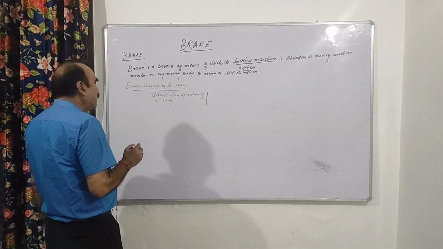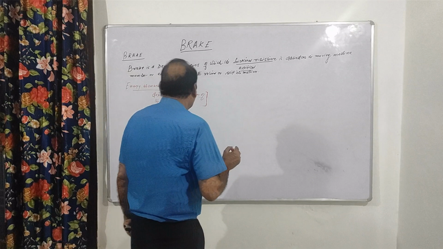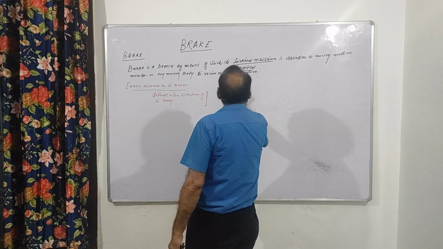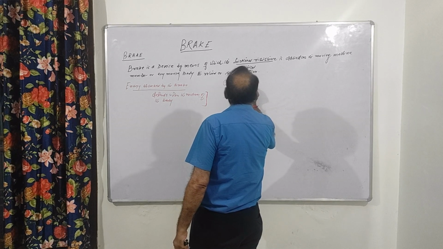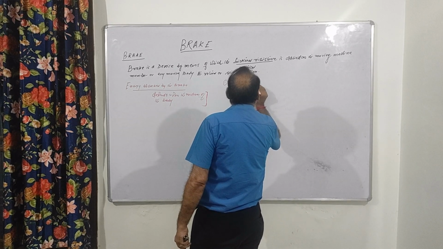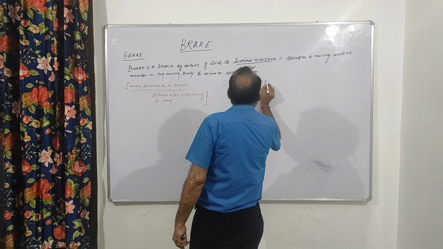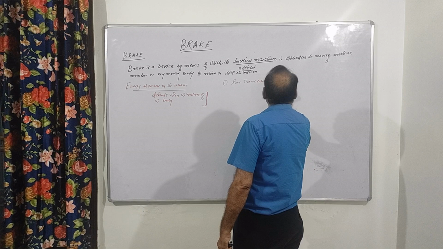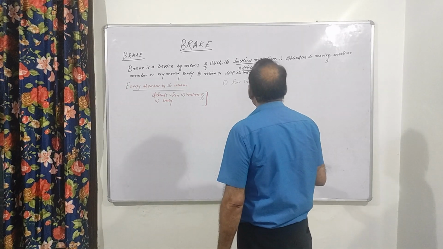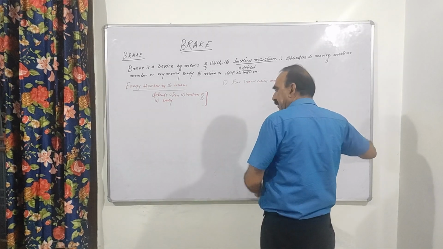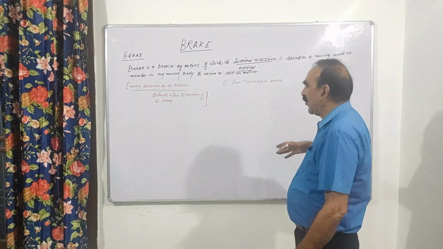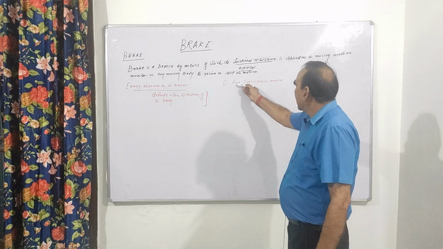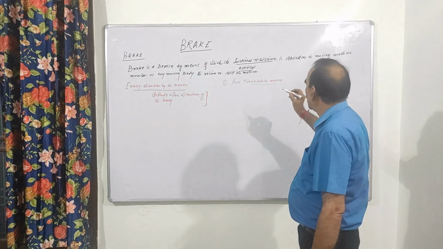So you can say the type of motion of the moving body depends upon the motion of the body. So first you can say pure translation motion. When the body is moving in a straight line, or moving linearly, then this is called the pure translation motion.